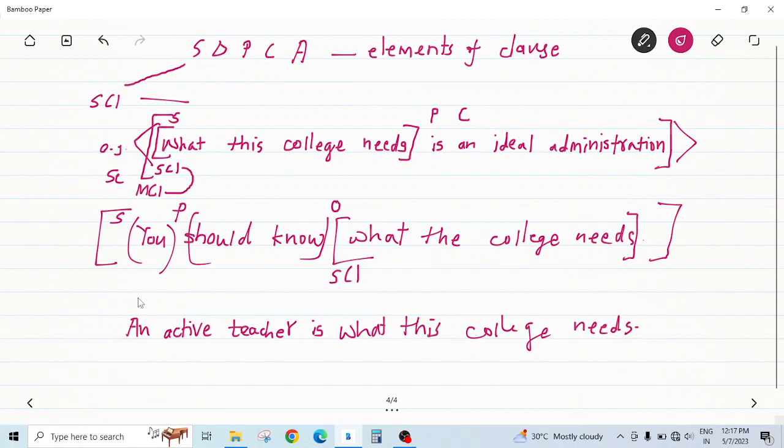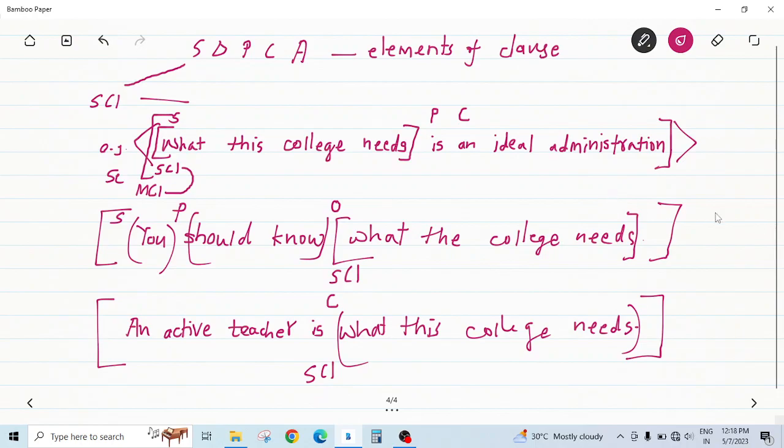Now this is also a complex sentence made up of main clause and SCL. Now this is SCL, and here this SCL functions as complement. An active teacher is what this college needs.